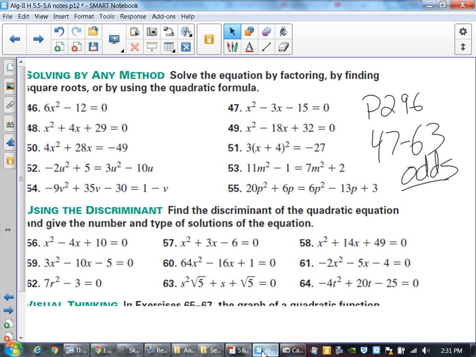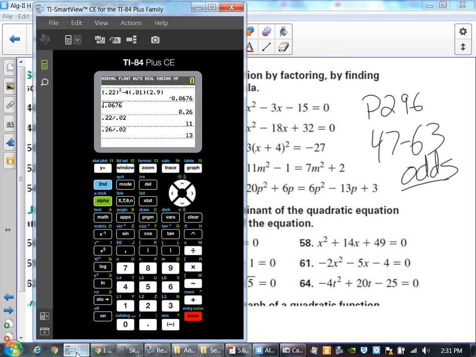The calculator you have is a legal calculator for the ACT. So if you see logarithms or an exponential function, I think it's alpha zoom. Nope, alpha window. Alpha window will allow you to work with what's called a logarithm.